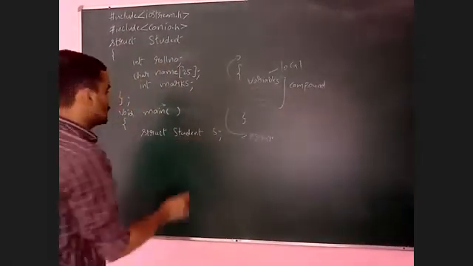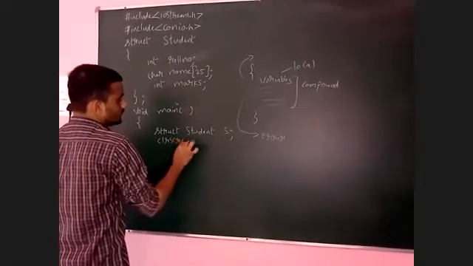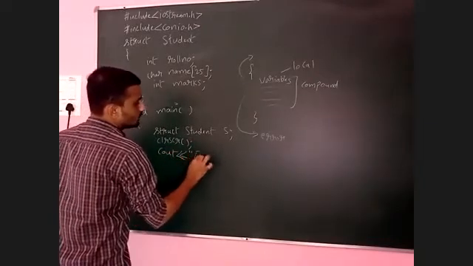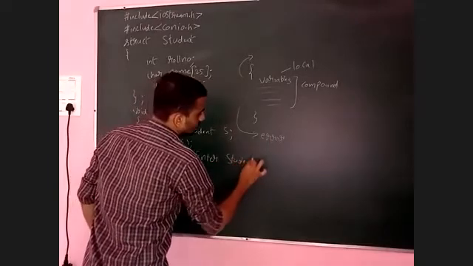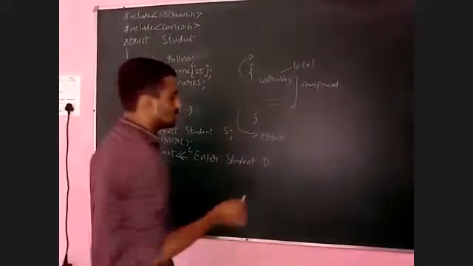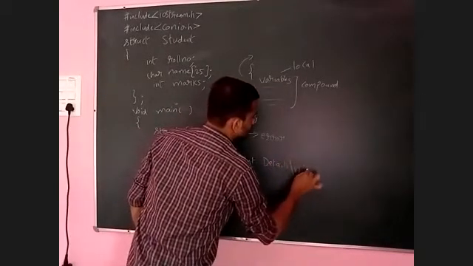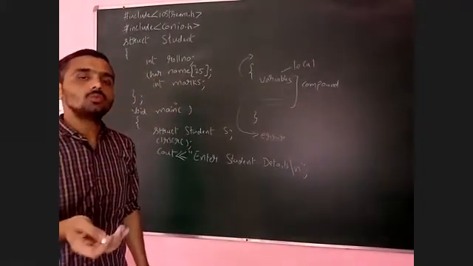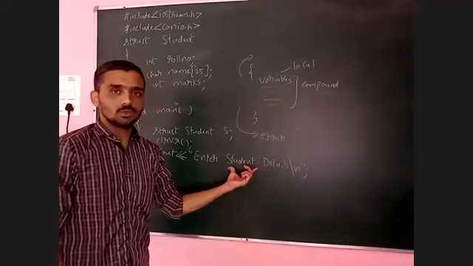Now we will continue writing the program. After writing the structure declaration, you write clear screen. Then in one statement you can write enter student details. You need not write enter roll number, name, percentage separately. When you look at this message on the screen, you should know what values to enter and in which order.